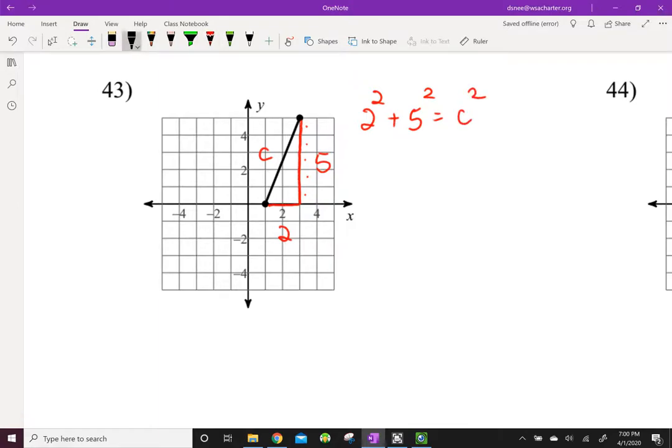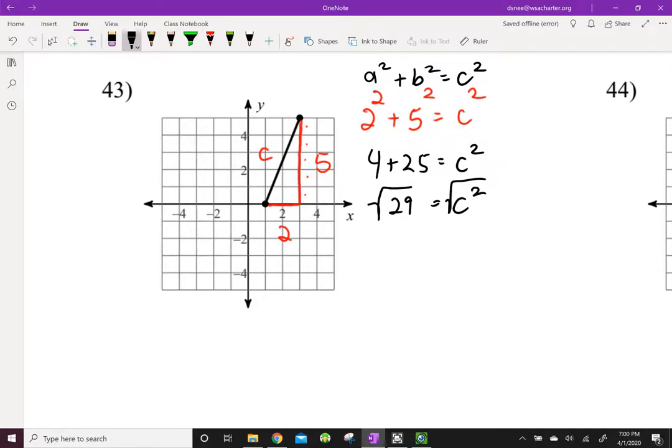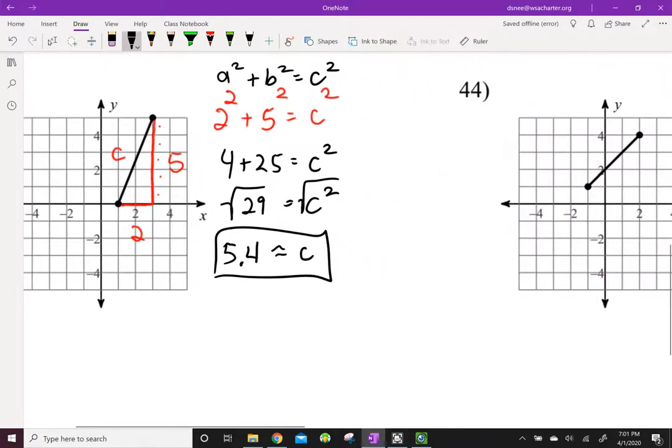Because the Pythagorean theorem, a squared plus b squared equals c squared, is true in any right triangle, and we just made this a right triangle. So 4 plus 25 equals c squared, 29 equals c squared, and if I take the square root of both sides, the square root of 29 is 5.385, or 5.4, because we were instructed to round to the nearest tenth, and that would be our answer there. I'm going to move on.